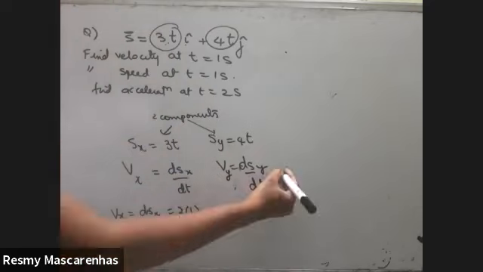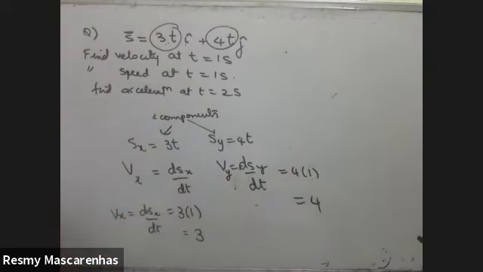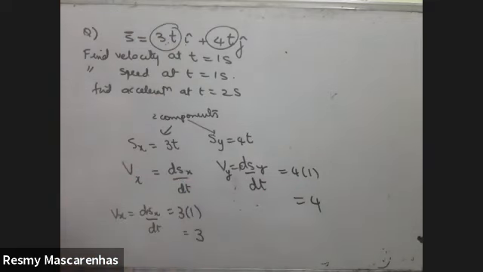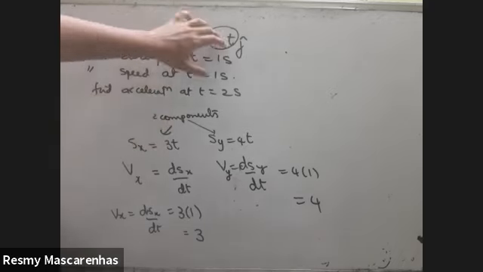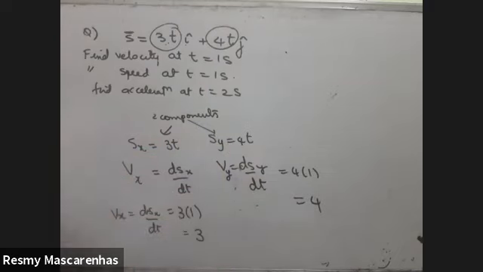Or directly you can find here, 4 into 1 is nothing but 4. So we have to separately find the derivative for the x component and the y component. Anyone who has not understood, just take separately, this is for x, this is for y, separately find the derivative and then you can add.